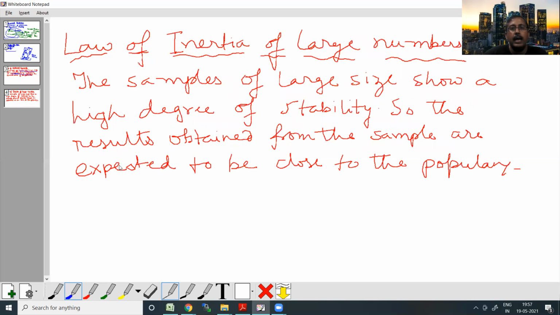That's one very important law. The other one is known as the law of inertia of large numbers. What does it say? Samples of large size show a high degree of stability. Understand one thing: if I am trying to draw a sample from a particular population, more often than not, since we are drawing random samples, we are definitely going to come up with a different set of units as part of the sample.